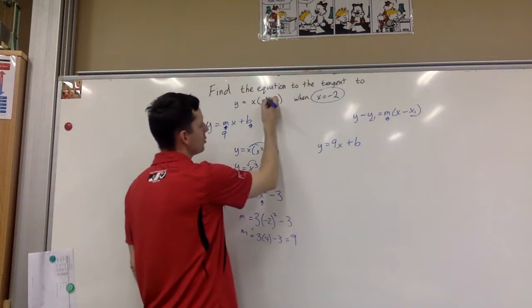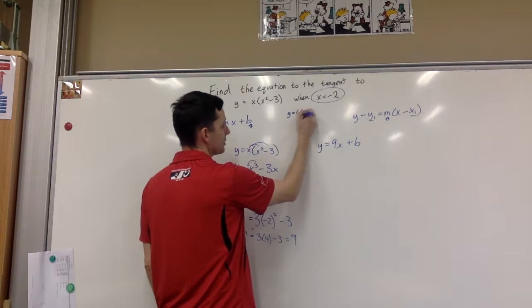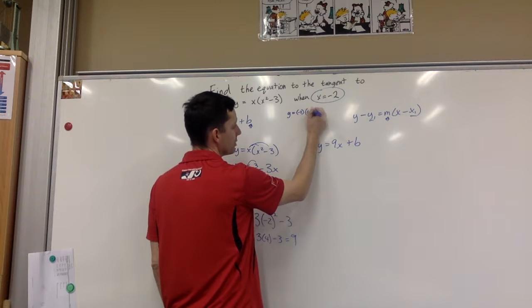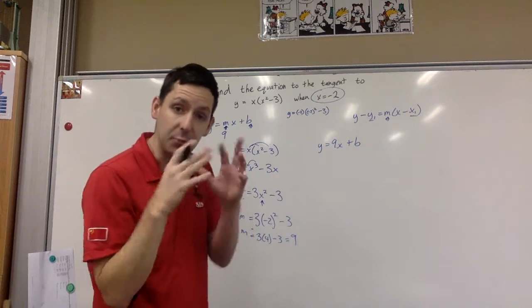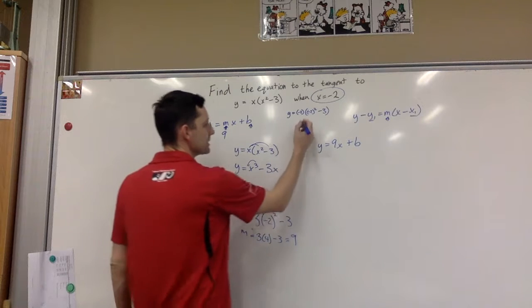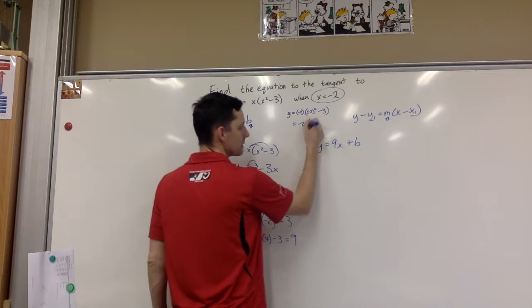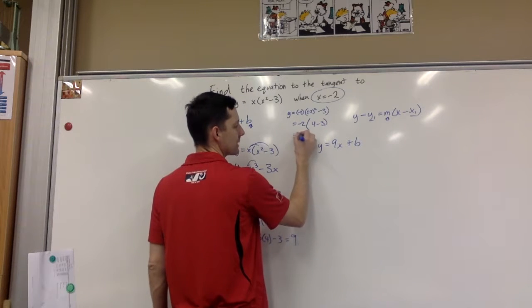So I'm going to put negative 2 in here. y equals negative 2 times (negative 2) squared minus 3. Note that I put my negative 2's in parentheses to make sure that I square that whole negative 2. So this is negative 2 times 4 minus 3. 4 minus 3 is 1, times negative 2, so that's negative 2.